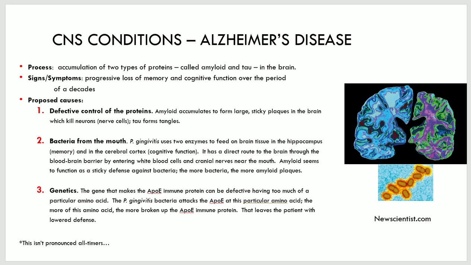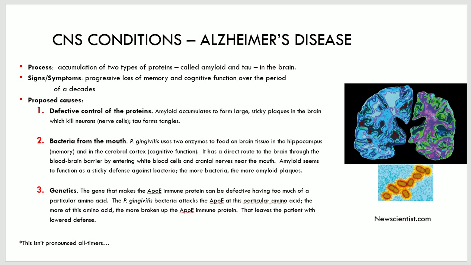Signs and symptoms include progressive loss of memory first, and then our cognitive function second. And this is over decades. It's pretty slow progressing. So if one day you can't remember anything, probably not Alzheimer's. Alzheimer's takes decades to develop and get to that point.